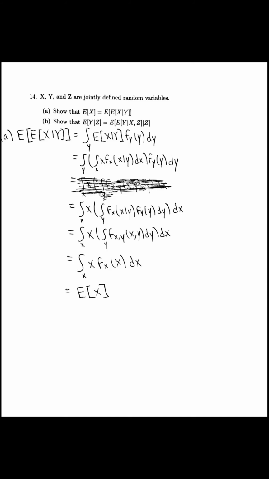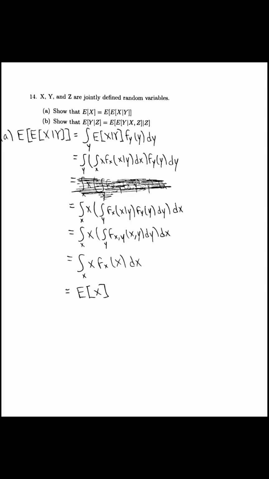Since we know the equation for the expected value of x conditioned on y, we can simply plug this into the whole formula, giving us the integral over all y's times the integral over all x's with x times the marginal for x conditioned on y, dx, and then this is multiplied by the marginal for y, dy.